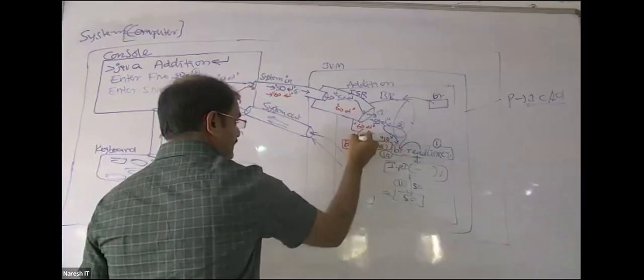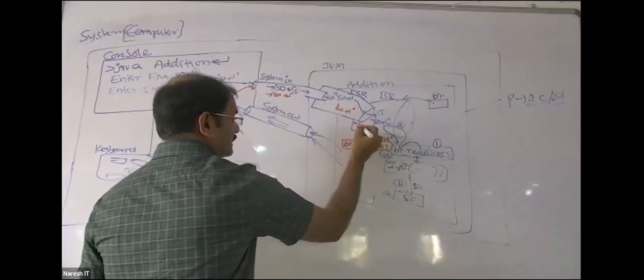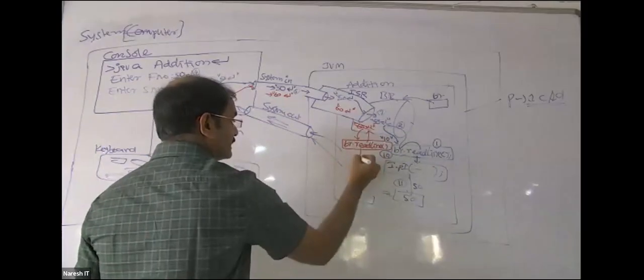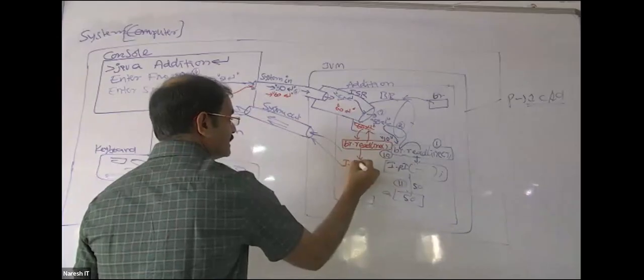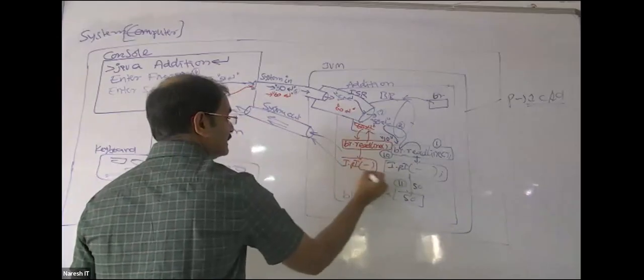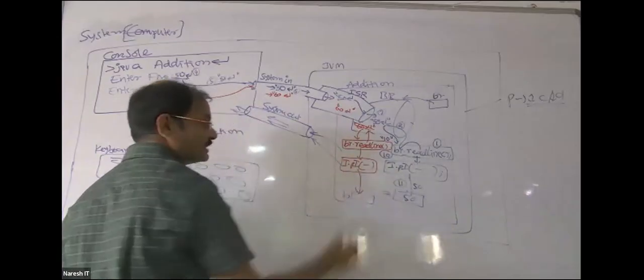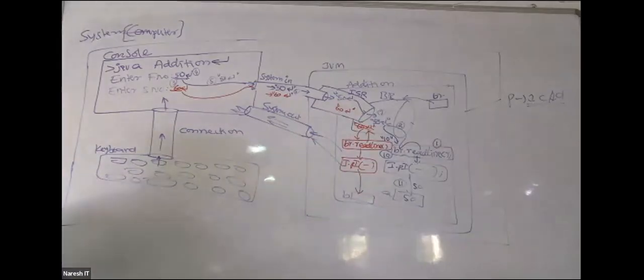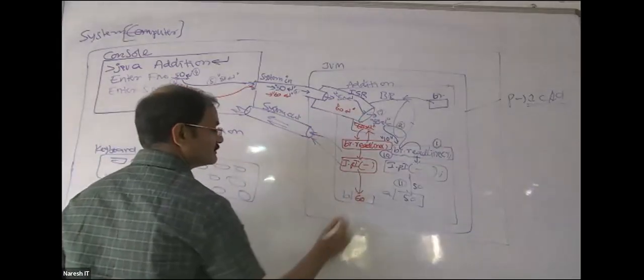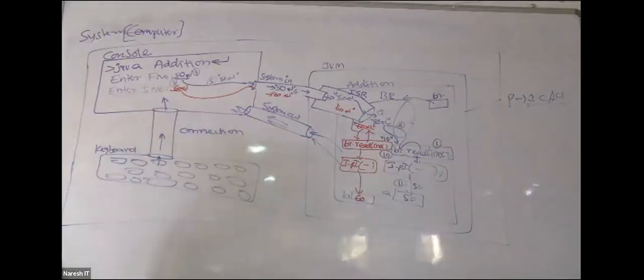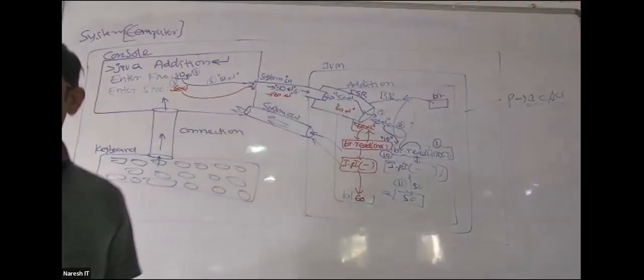Then br.readLine reads this data and removes it from here, and then returns to whom? Integer.parseInt. Integer.parseInt reads it and stores it in the variable. Data coming 60. Understood the flow of execution fully? Confident? Right.